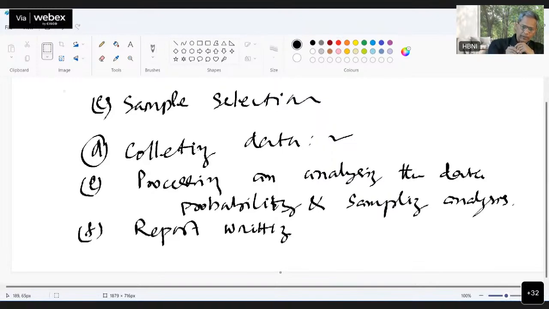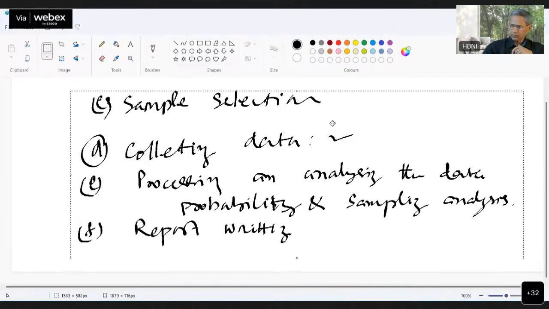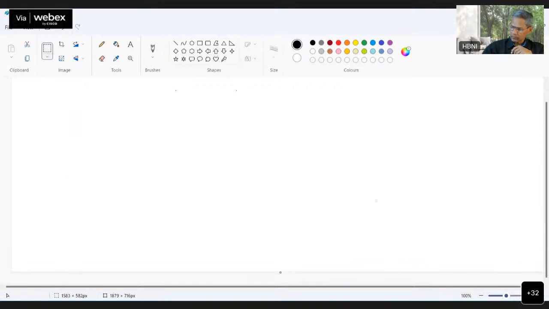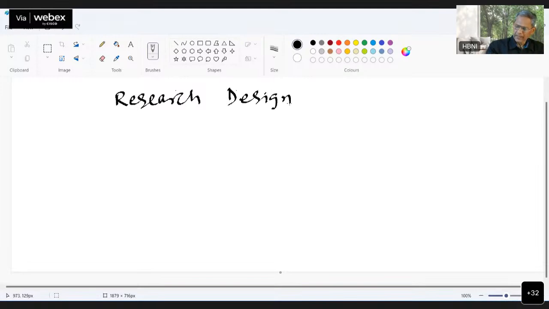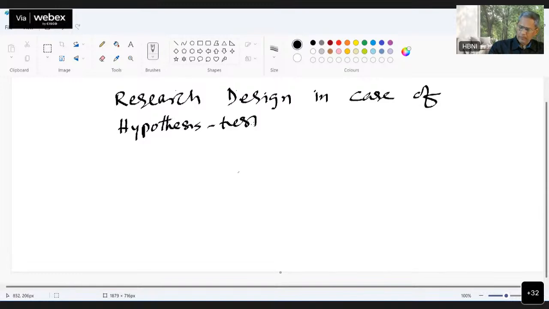Then when it comes to research design in case of hypothesis testing, this is important.